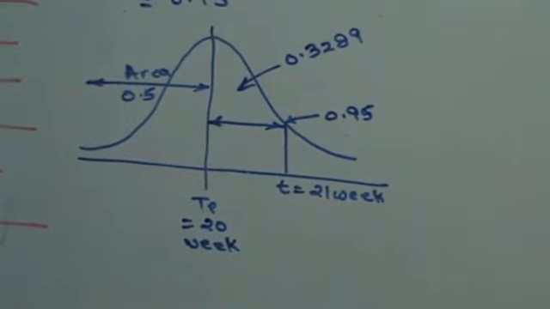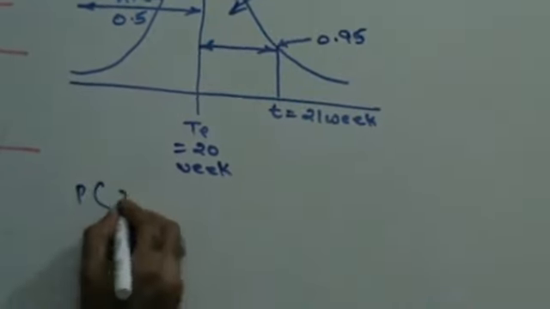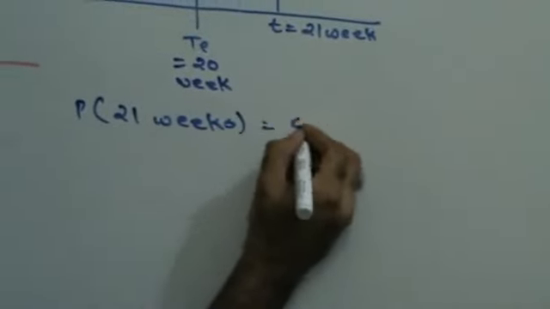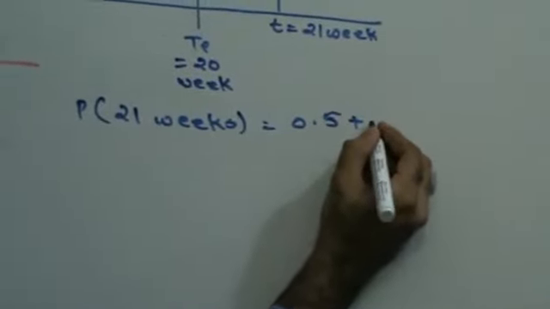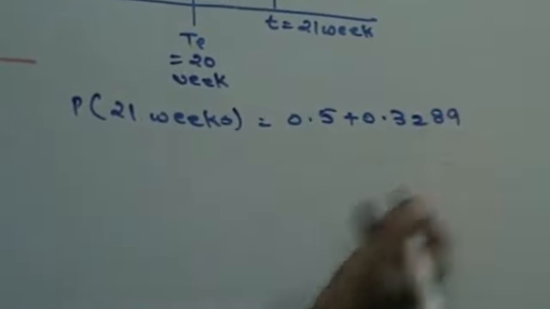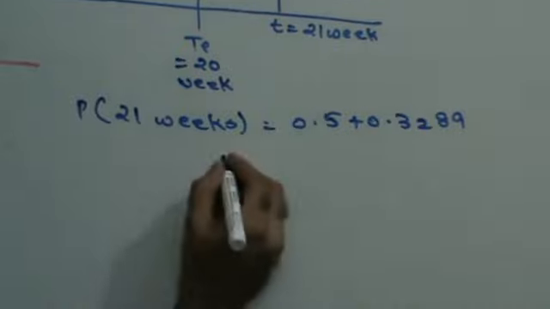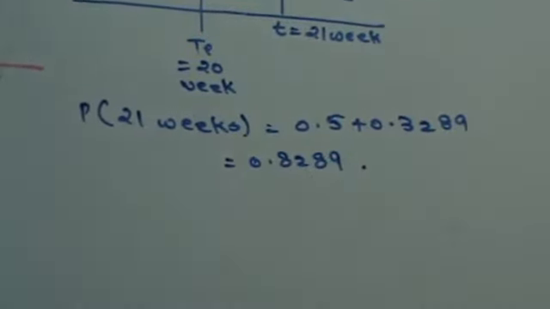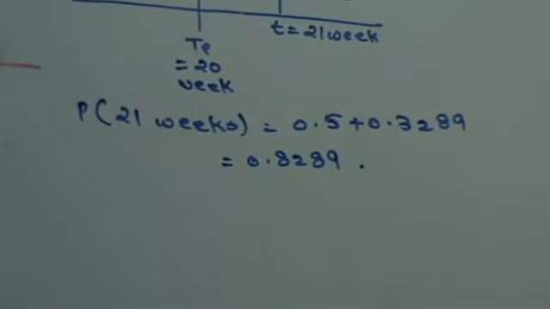In which case I can say that the probability that the project is going to be completed in 21 weeks is the area under the curve, that is 0.5 plus 0.3289, which is 0.8289.